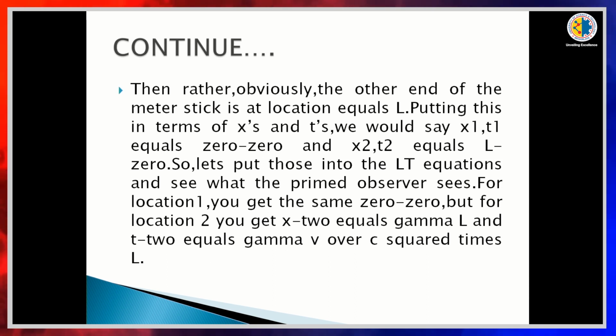So let's put those points into the Lorentz transformation equation and see what the primed observer says. For location 1 you get the same 0, 0, but for location 2 you get x2' equals gamma L and t2' equals gamma v over c square times L.